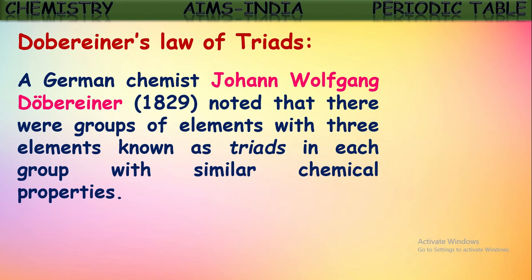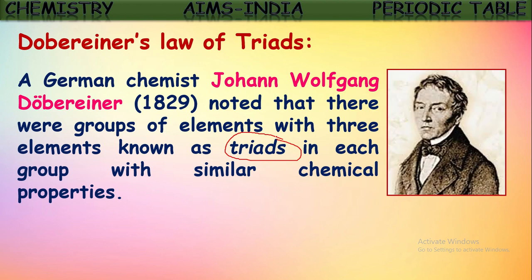So he called these three elements one set and named them a triad. In honor of his name, they are now called Döbereiner's triads.